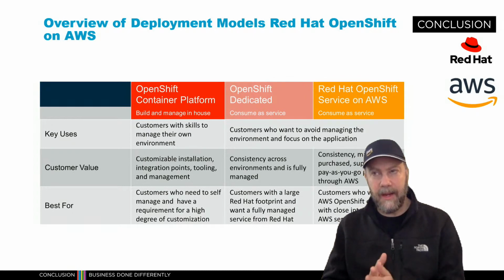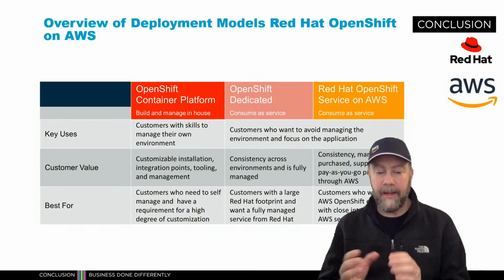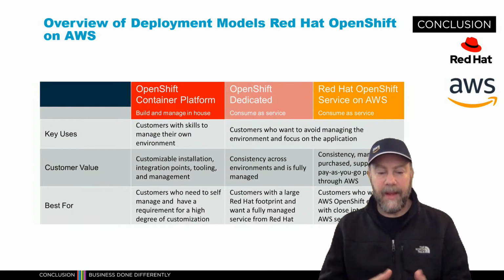OpenShift Dedicated has been a slightly more restrictive option because it runs on Red Hat's own accounts, and the customer has a bit of a more limited view into the platform itself. And also, it still requires the customers to engage with Red Hat as a separate vendor to establish this contract for the licenses and the support, et cetera.